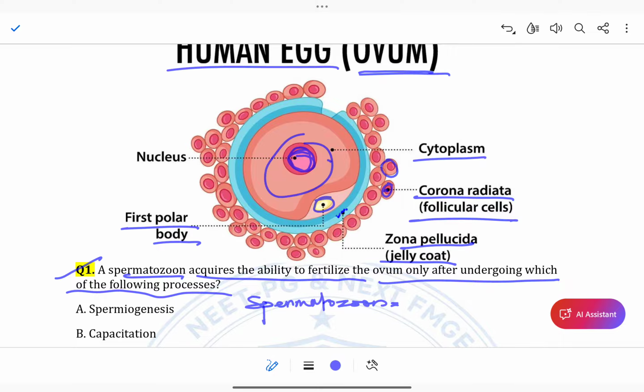Spermatozoon and spermatozoa. Please let me know what is the main key point difference.